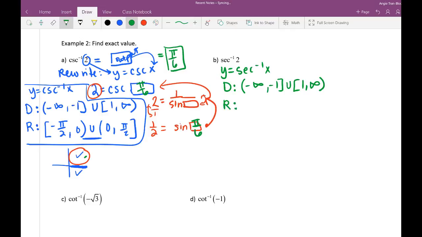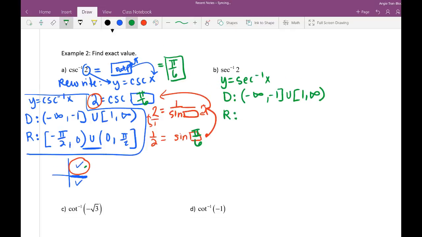Do you think the range of secant inverse is the same as cosecant inverse? No, slightly different. The range is from 0 inclusive to pi over 2, not including pi over 2, union pi over 2 to pi.